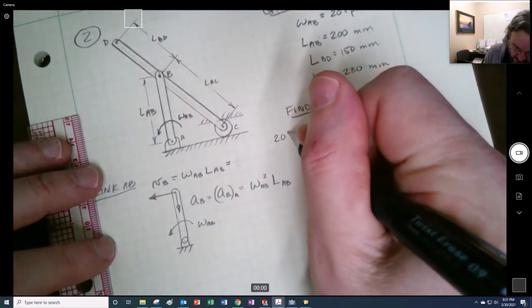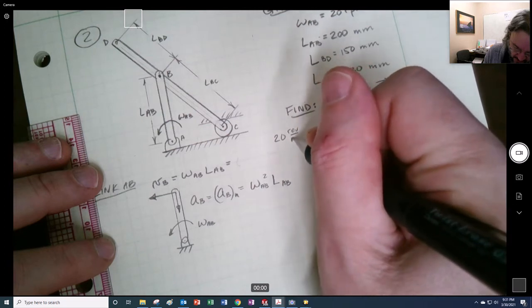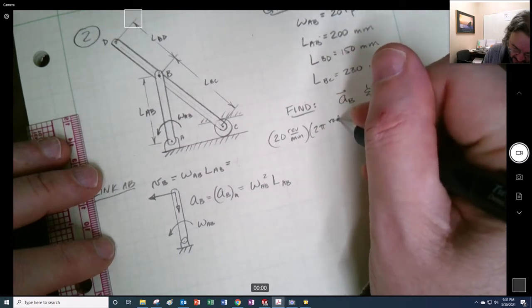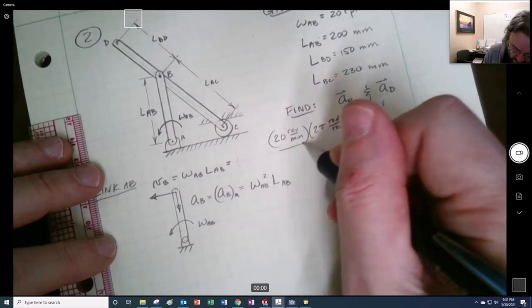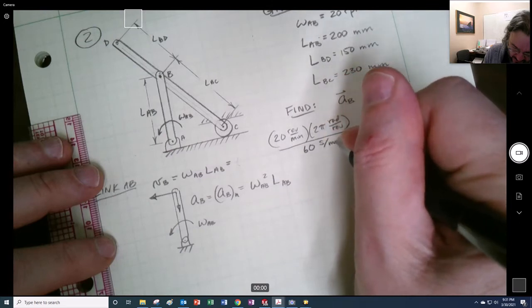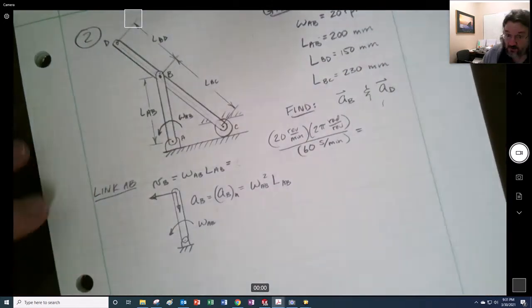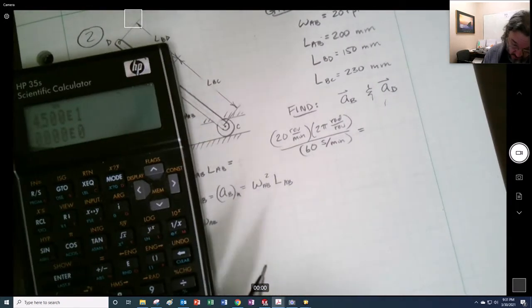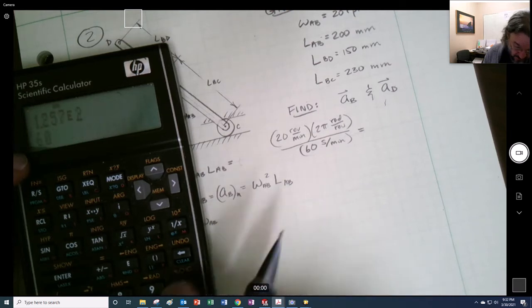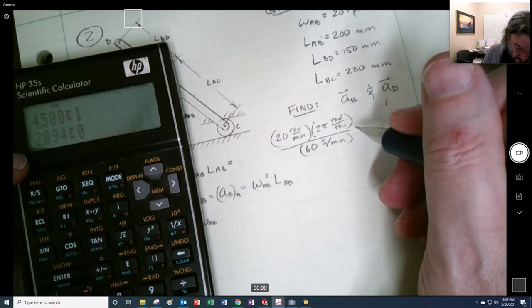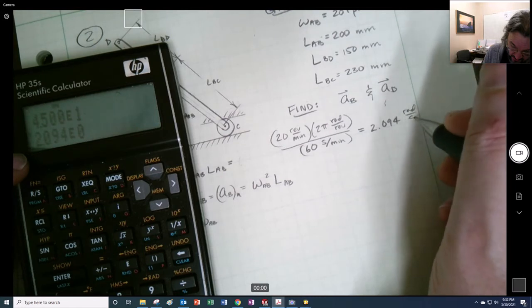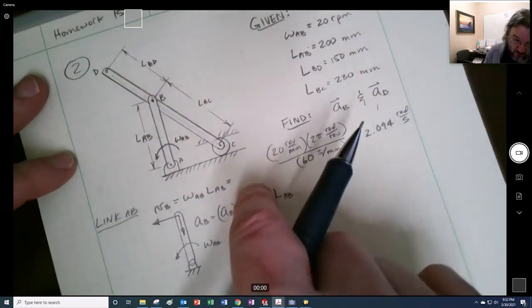So 20 rev per min times 2 pi rads per rev divided by 60 seconds per min gives us 2.094 radians per second.